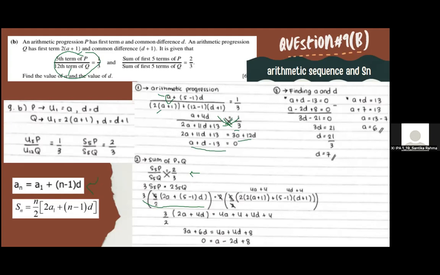This part, when we multiply it, we will get 4a plus 4. And this part, when we multiply it, we'll get 4d plus 4.